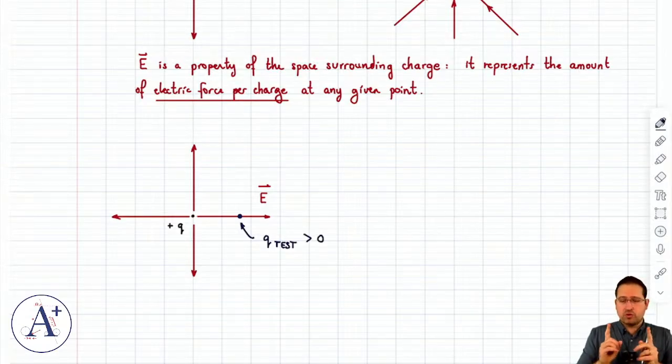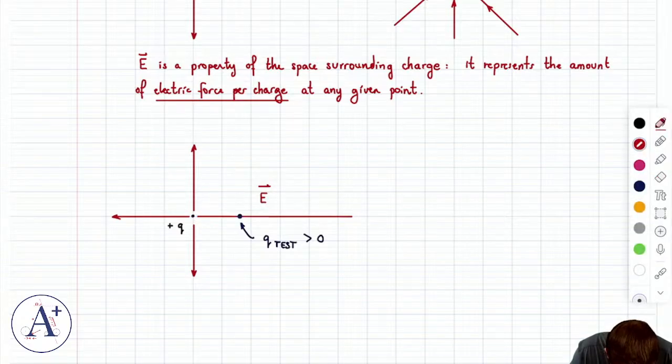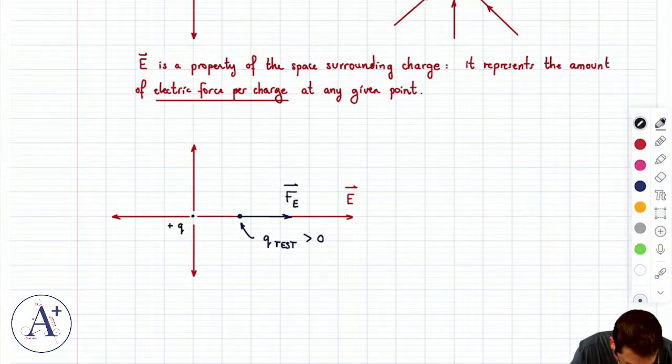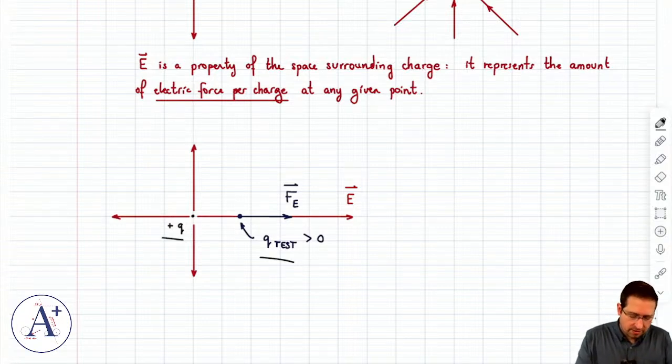Well, 2 positive charges are going to repel, and the result is that there's going to be a force acting on, now let me do this because otherwise we're not going to be able to see it, I'll extend this purposely, and there's going to be a force acting on this test charge that is going to repel it, right? This will be the electric force F sub E. Okay, well, I call it F sub E anyway. And I want the distinction because we'll have F sub B, the magnetic force, later. But F sub E is the force that plus Q exerts on the positive test charge. It repels it.